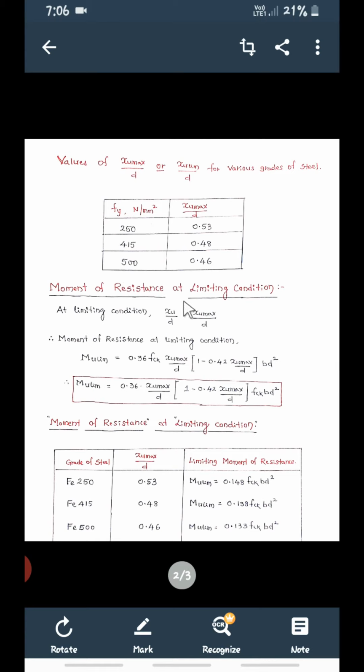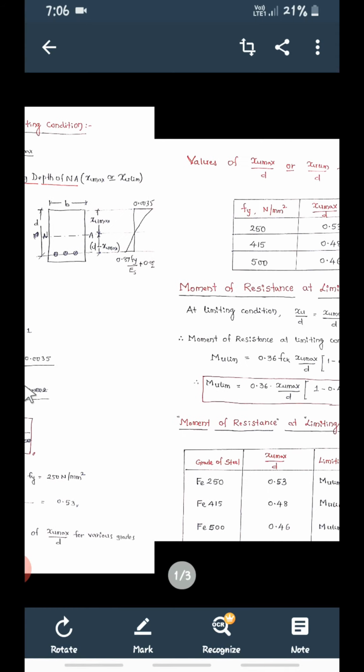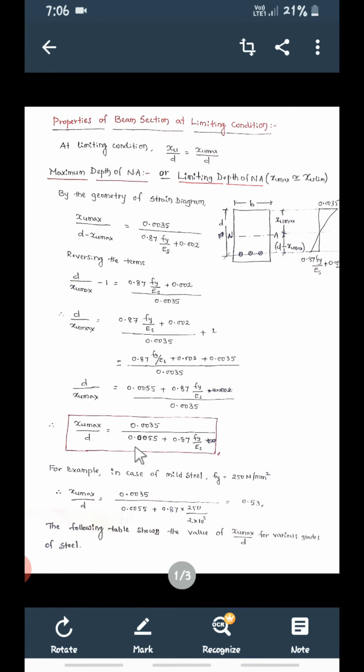So make one chart, where, in yesterday's class we also saw the value of XU by D. Then in today's class we saw this equation, the maximum depth of neutral axis, that is XU max upon D. Write down this formula also.